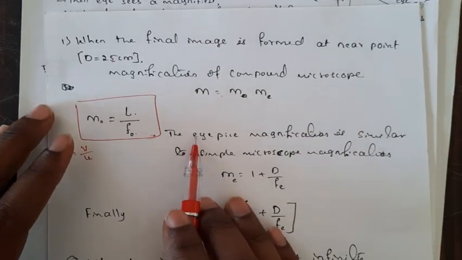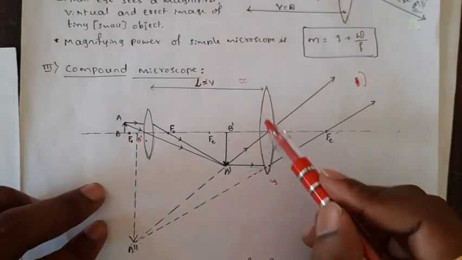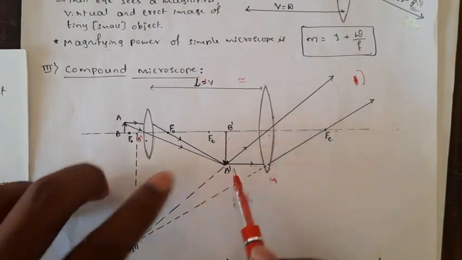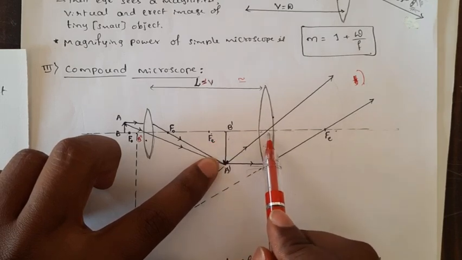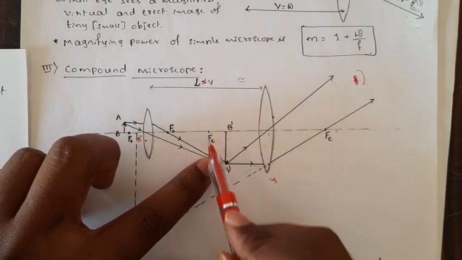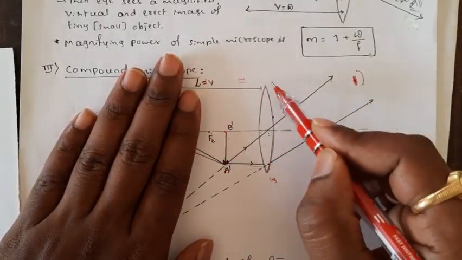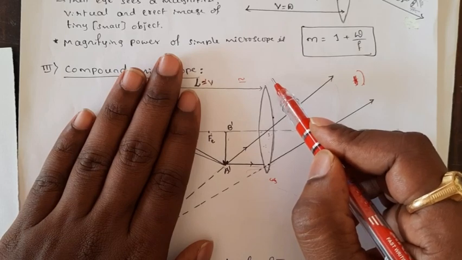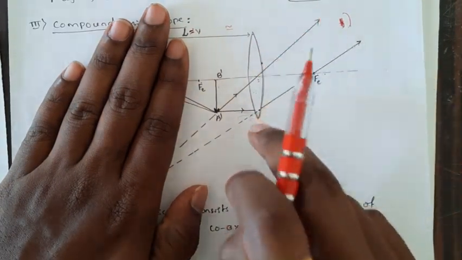In the same way, the eyepiece magnification. Here the eyepiece is a larger convex lens, and the object is kept between its focus and its optic center, so this part looks like a simple microscope. So we can apply the direct formula of a simple microscope for this lens.